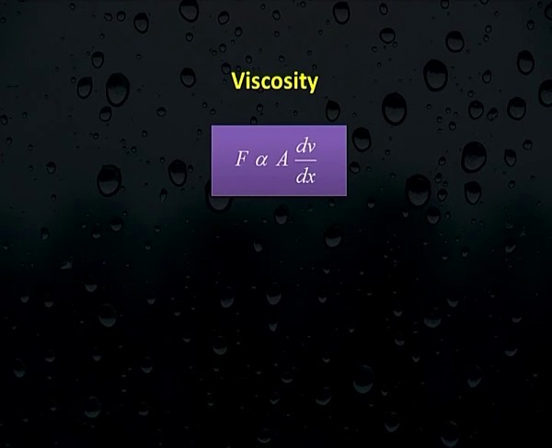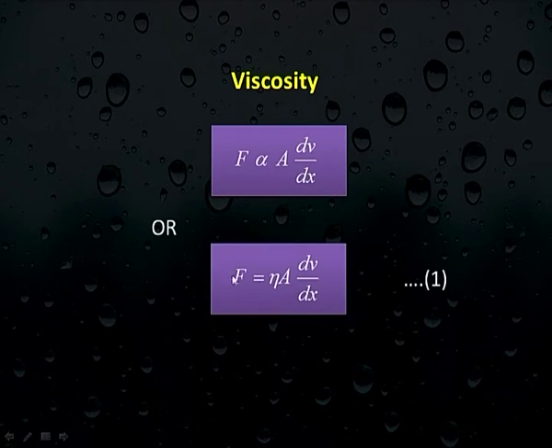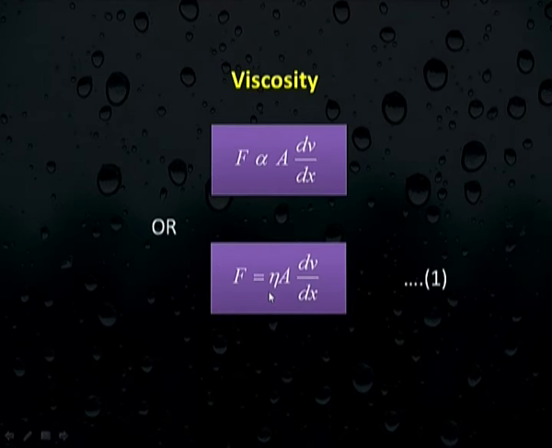So, we can summarize these three observations into this formula: F, that is frictional force, is proportional to A dV by dx. Now, F will be equal to, removing the proportionality constant, eta A dV by dx. This eta is nothing but the viscosity coefficient.